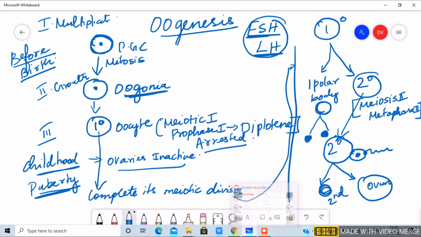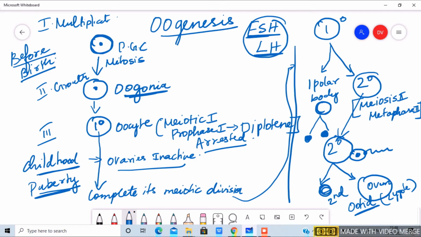Alright. So this ovum, we can also call it the ootid. It is nothing but the zygote because the sperm has fused with it. The ovum becomes the zygote when the nucleus of the sperm and the nucleus of the egg fuse. So when the sperm attaches, first it contributes the centriole.